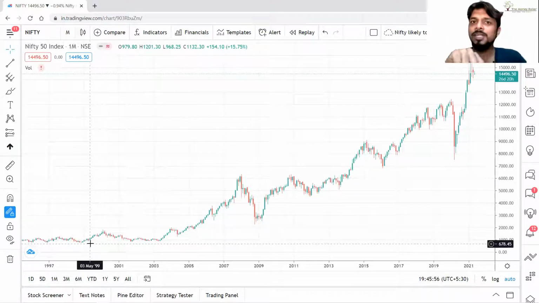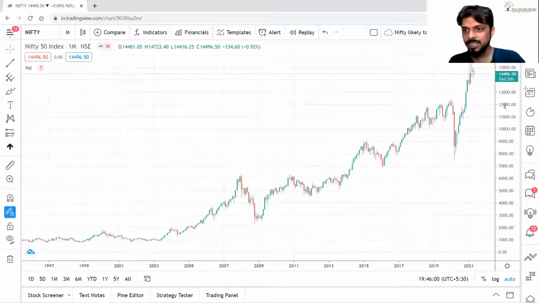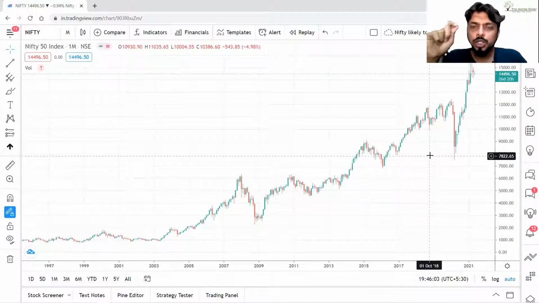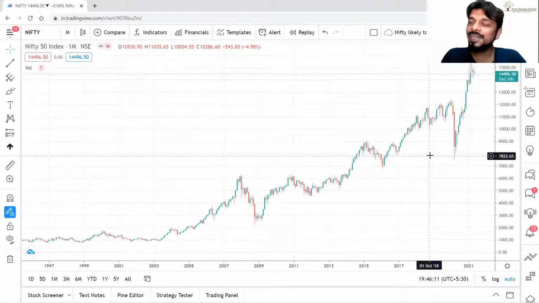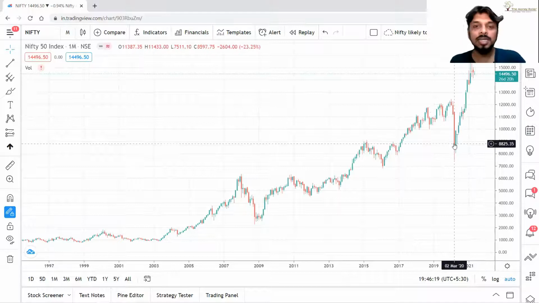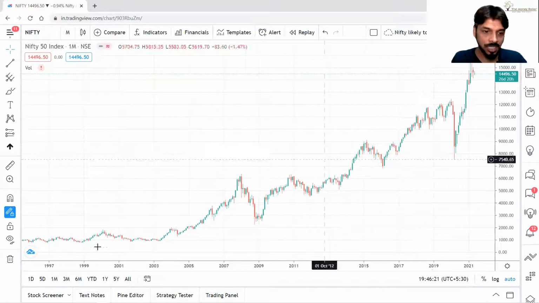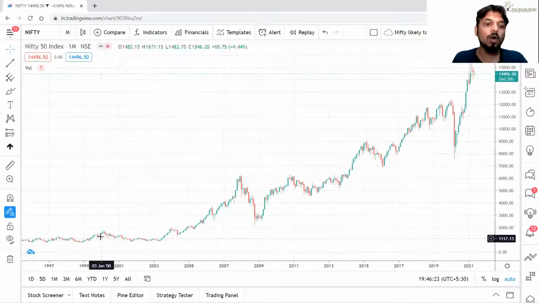So in an arithmetic chart, due to these numbers, charts get distorted and they start giving wrong information visually. And most of the technical analysts, most of the participants, they see and that's it. For them it is enough, correct? But this fall in terms of percentages is lesser than this fall.